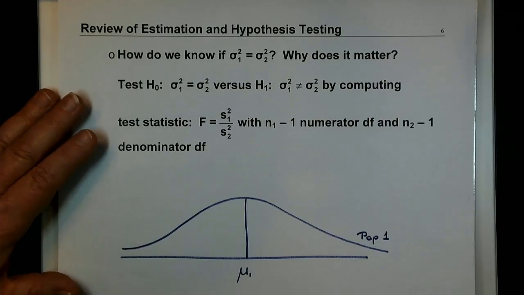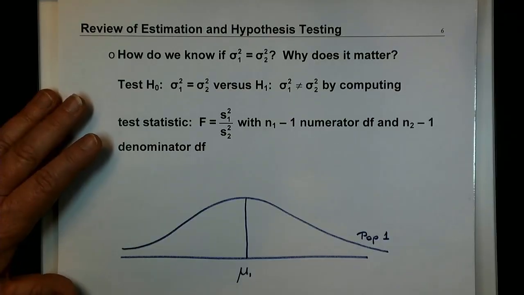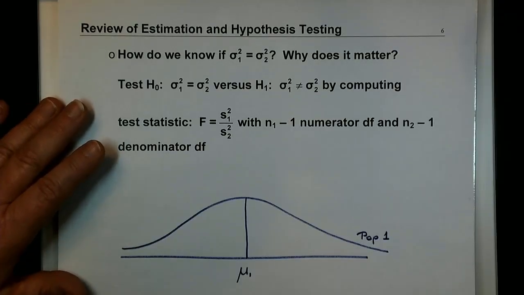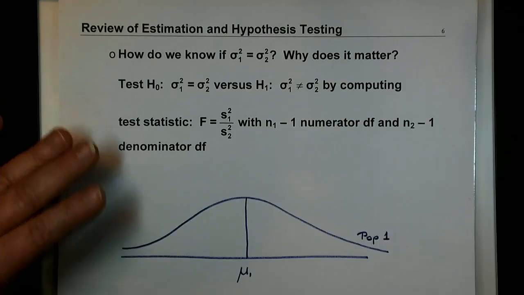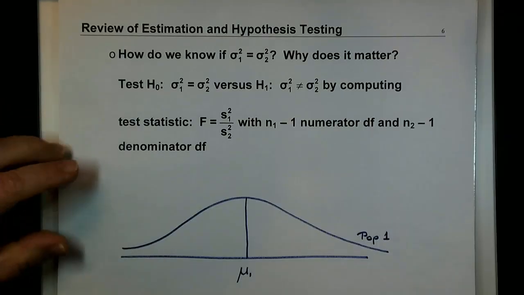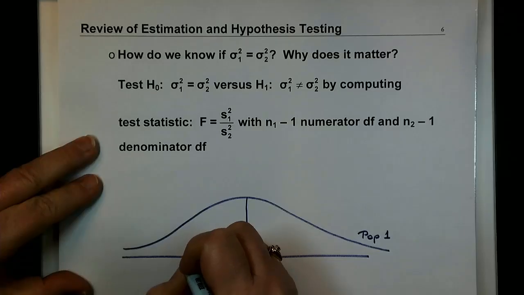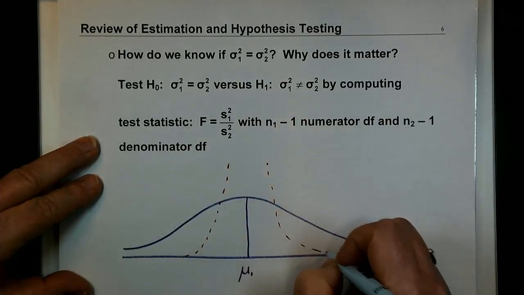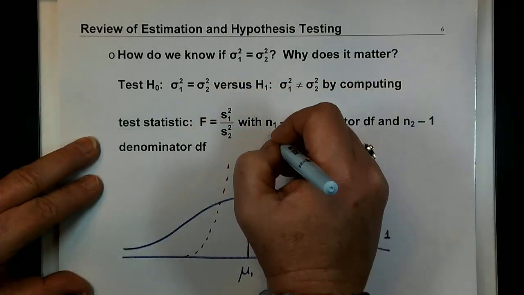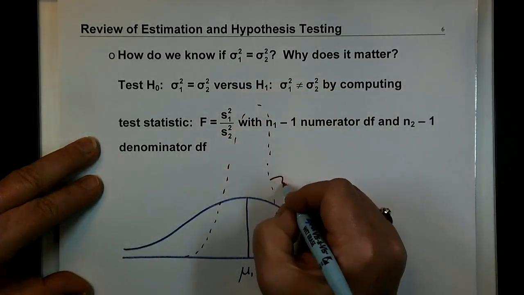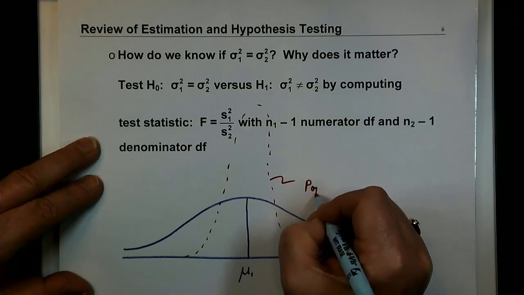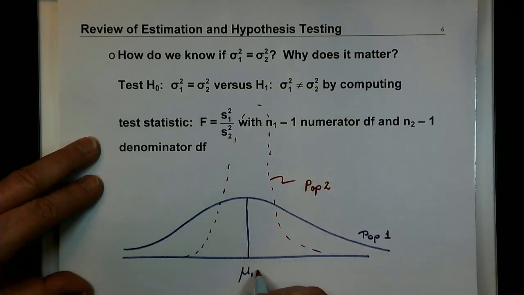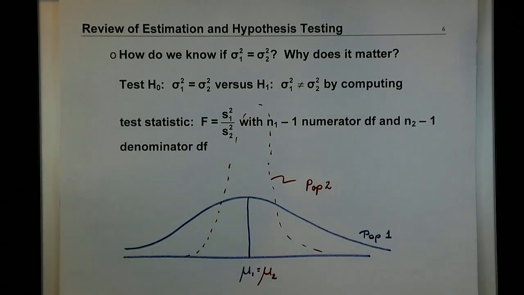Remember, the area under the curve is equal to 1, right? Whenever we look at probability distributions. If I have a second population, suppose it has the same mean, but it's very narrow. So I say our population 2, and mu2 is exactly the same as mu1.